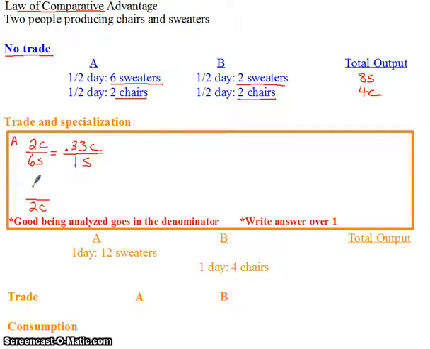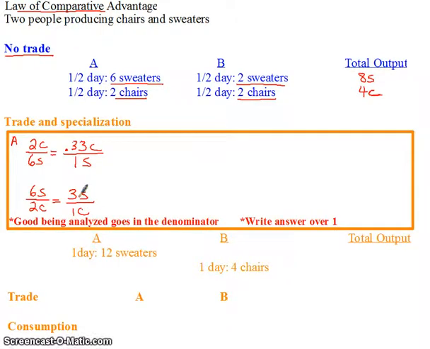So 6 sweaters goes in the numerator. And then, of course, we always got to get it over 1. That simplifies to 3 sweaters over 1 chair. Every time A makes a chair, he gives up 3 sweaters.